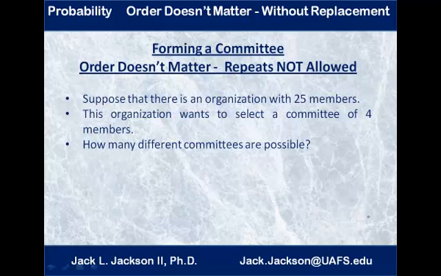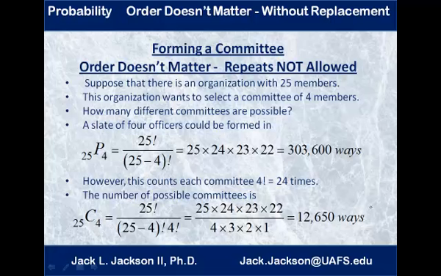Okay, this is a little harder, but let's see if we can figure this out. Well, if the order did matter, that would be just 25 permute 4. That's 25 times 24 times 23 times 22, or 303,600 ways, just like we did when we had 4 officers. But the point is, now we've counted the same group of 4 people many times. How many times? Well, it's exactly the same way we can put those 4 people in order.